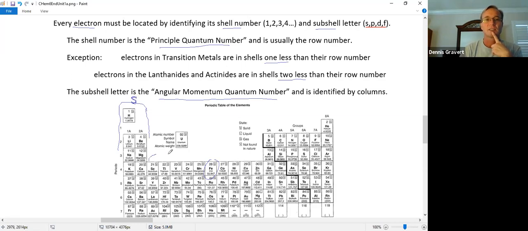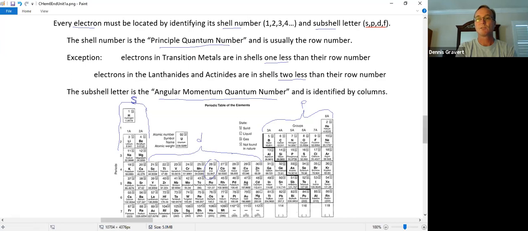The last electrons for the transition metals are going into the D, the 4-leaf clover-like subshell. For these 4 columns, the last electron is going into the figure 8 subshell, the P subshell.